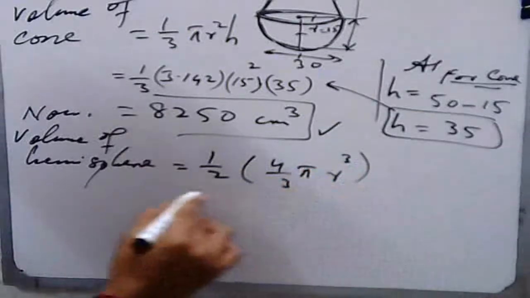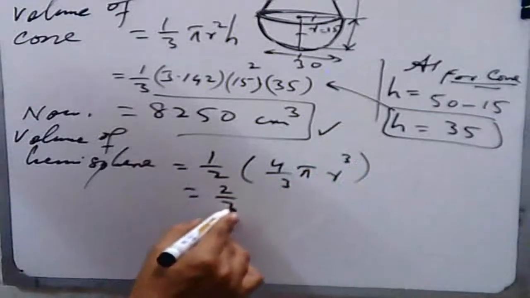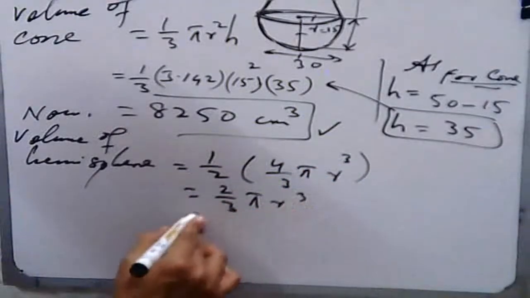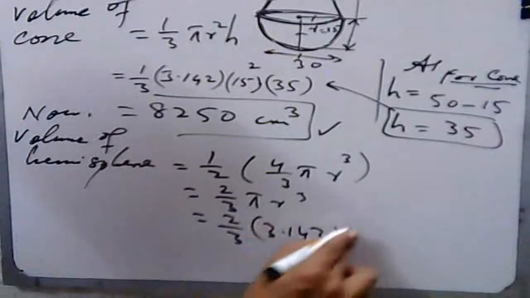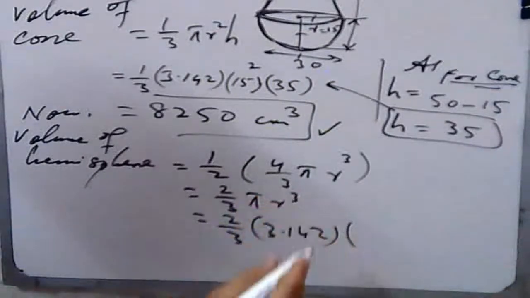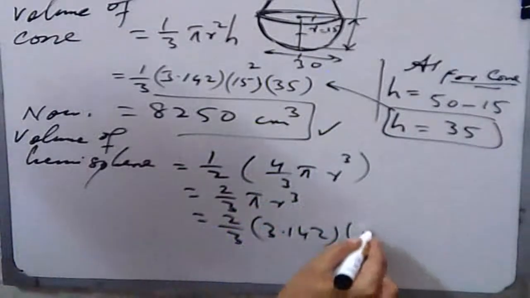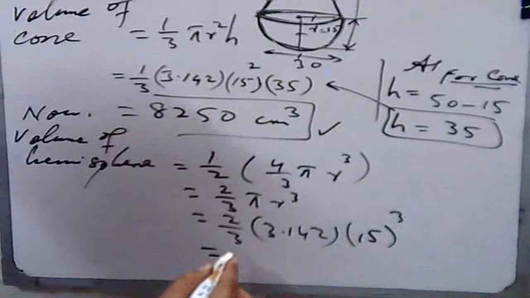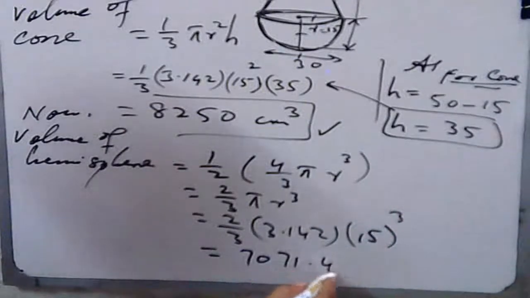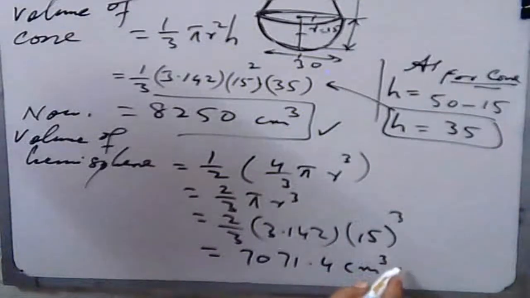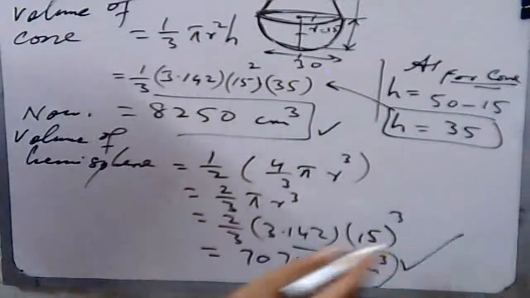Putting the values, the value of pi is 3.142, the value of r is 15. After simplification you will get 7071.4 centimeter cube. So that is your volume of hemisphere.